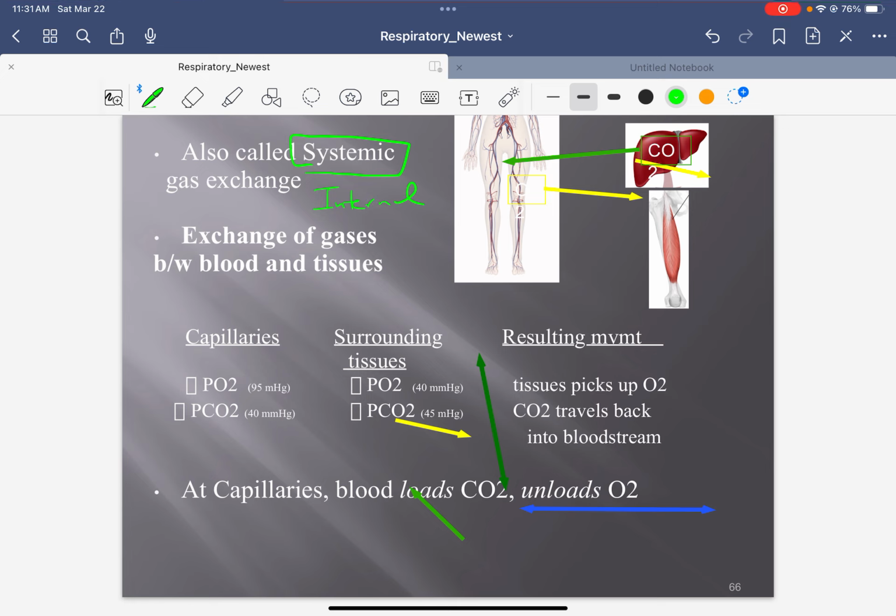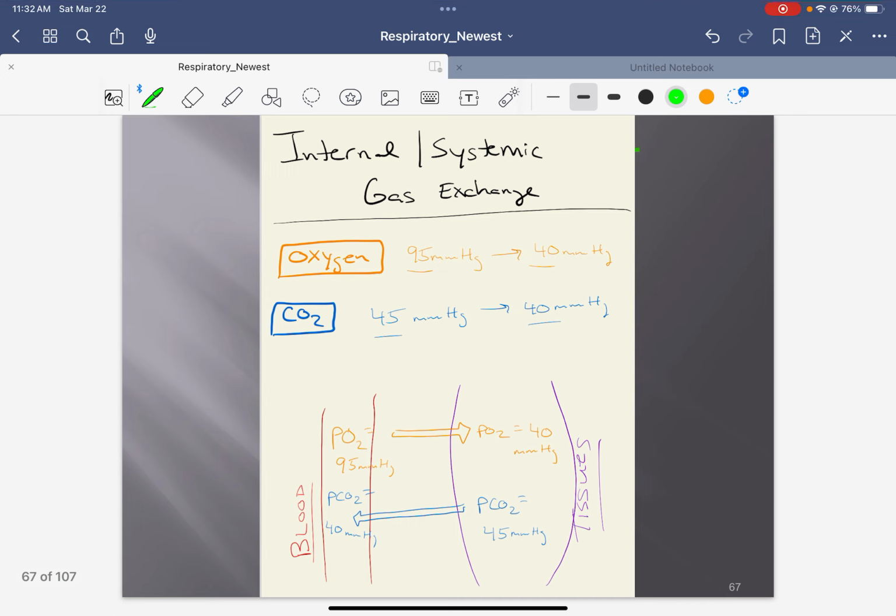Our first gas exchange was external or alveolar. Our second gas exchange is internal or systemic. This is gas exchange between the blood and the tissues.